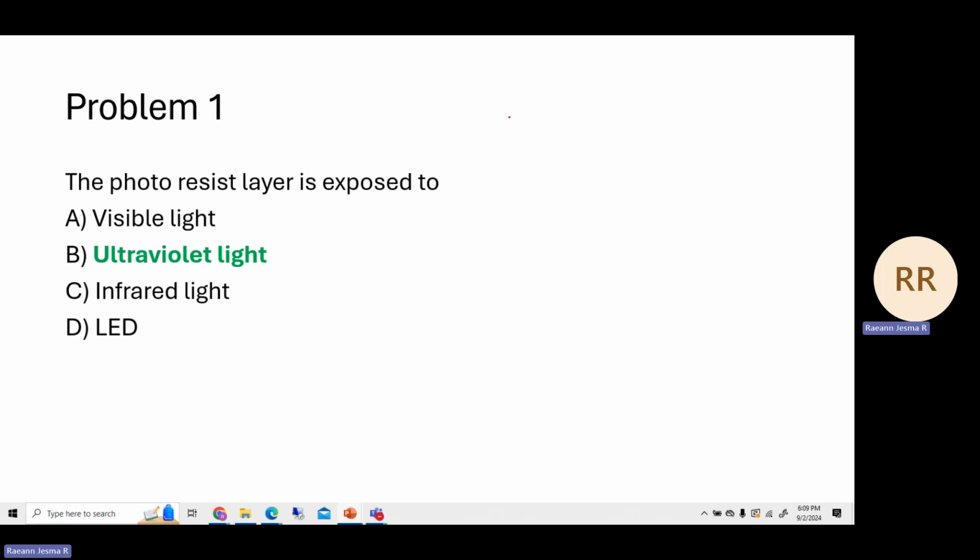When we expose it to that band of light, there will be some change in the photoresist, depending on whether we have a negative resist or a positive resist. If we have a positive resist and expose it to a specific wavelength of light to which it is sensitive, then the exposed region dissolves in the developer.